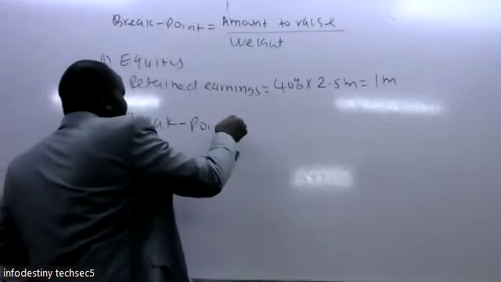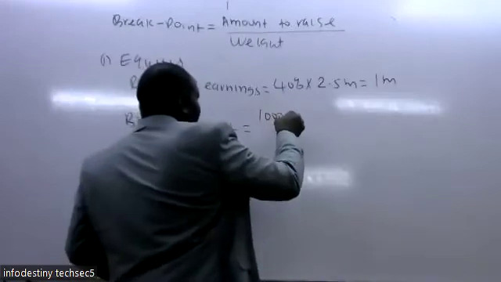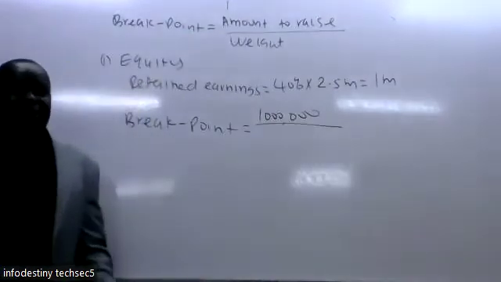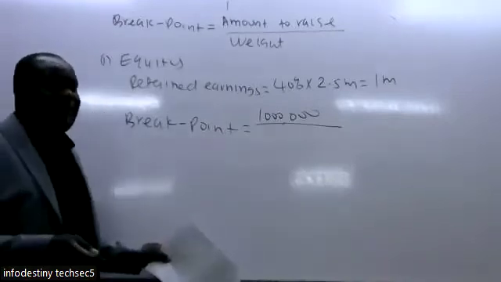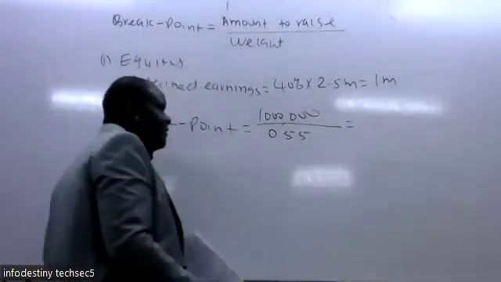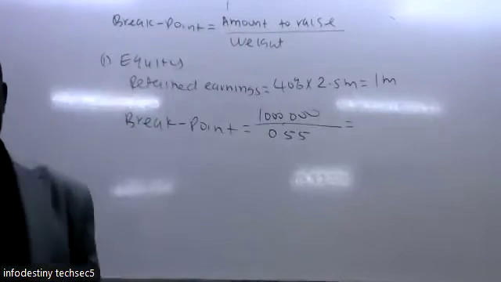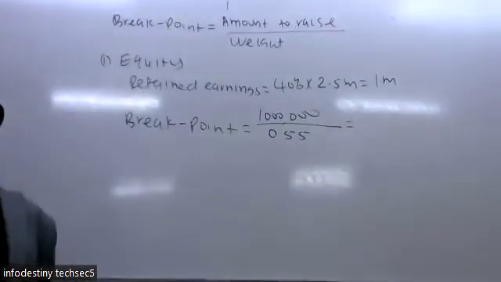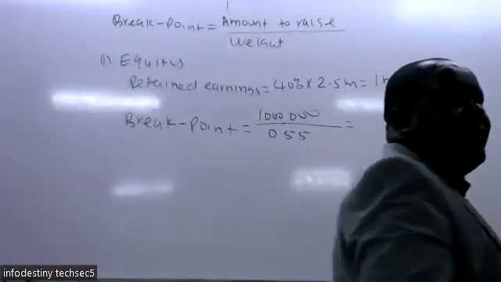That amount is 1 million, then we divide by the weight. What is the weight for equity? 55% is the same as 0.55. That now will give you the break point for the retained earnings.